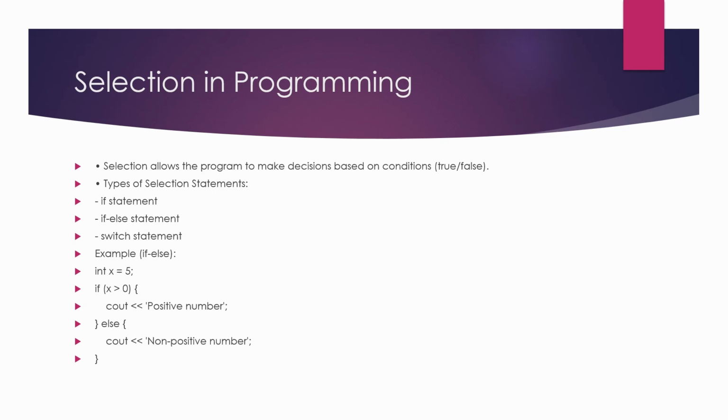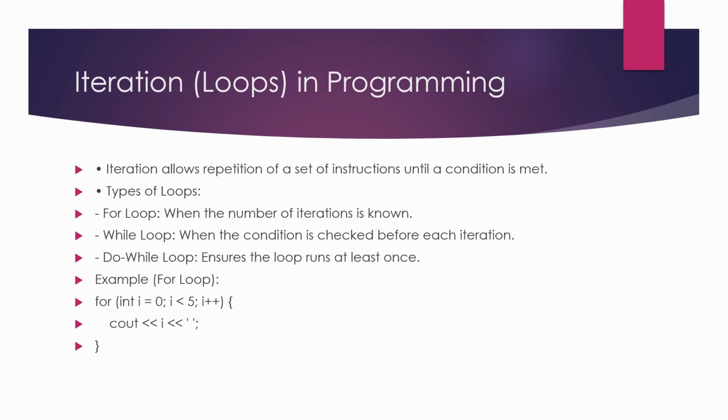For example, in the if-else structure, if a condition is true, one set of actions will be executed, otherwise a different set of actions takes place. Here we check if a number is greater than 0 using an if-else statement. If true, the program prints positive number, otherwise it prints non-positive number or negative number.